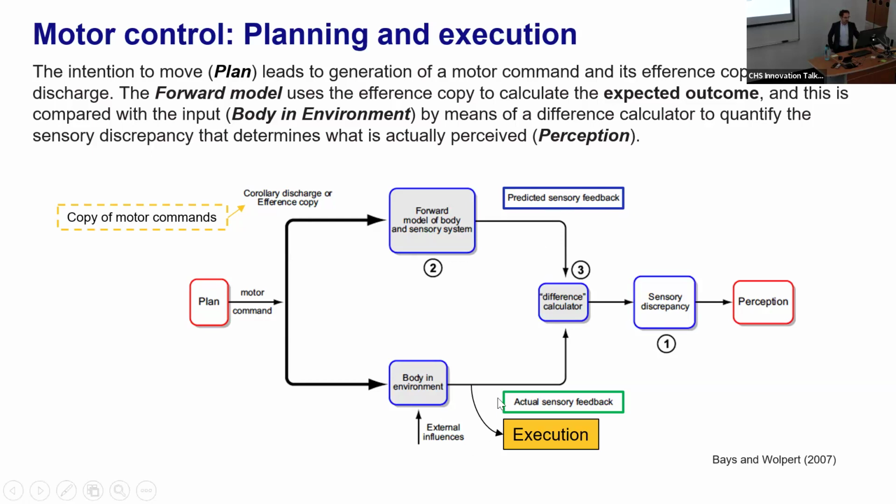Now, the whole mechanism here works if you can compare the predicted with the actual sensory feedback. If they match one-to-one, if the object lifts exactly when you expect it to be lifted, or if you feel that the ground is hard, as you expect it to be when you strike the ground with your heel, there is no real perception associated with it because everything is exactly as you predicted.